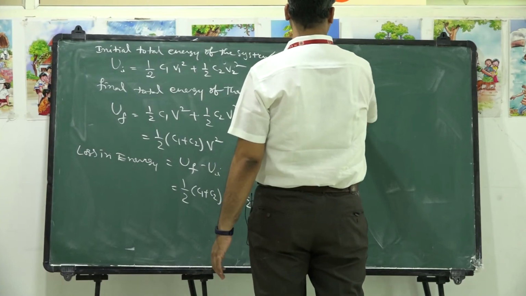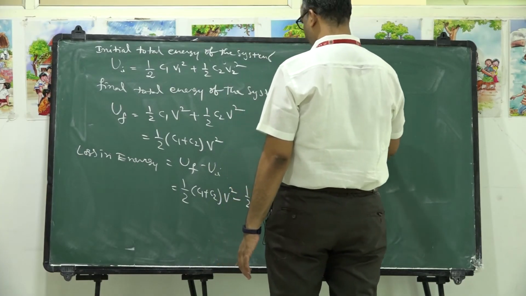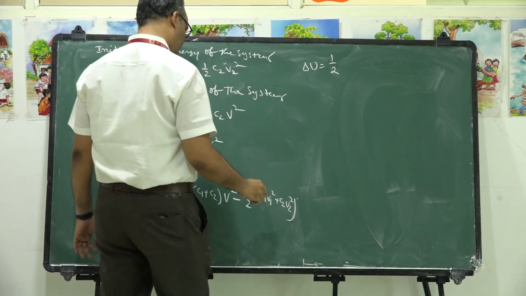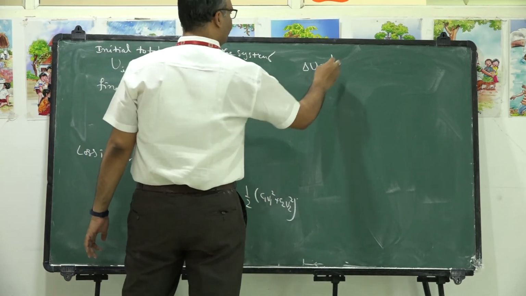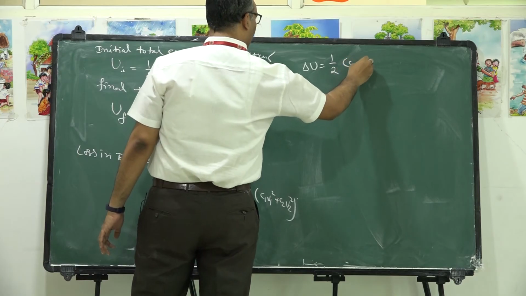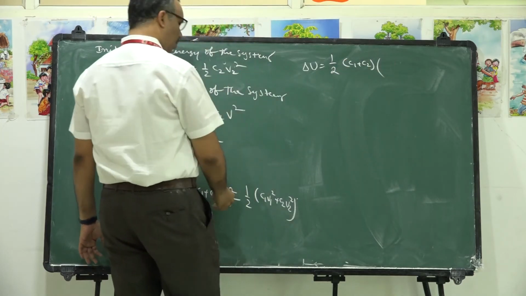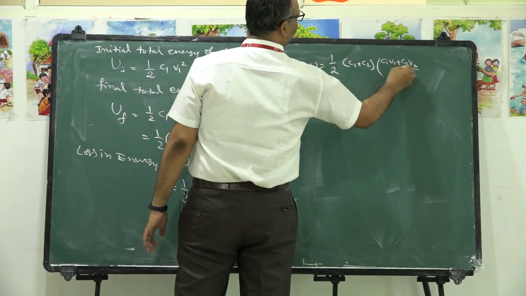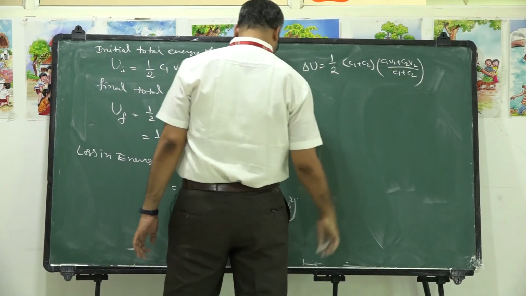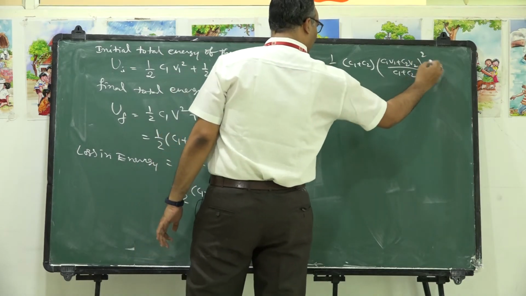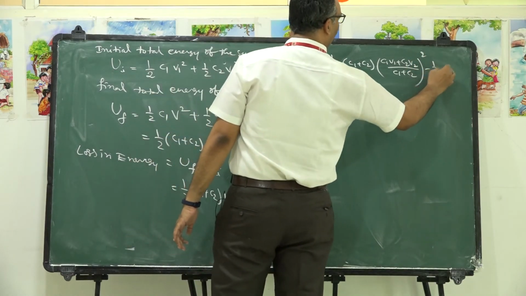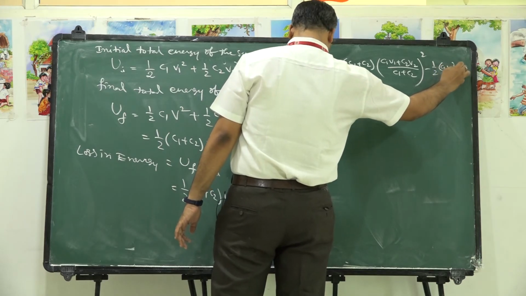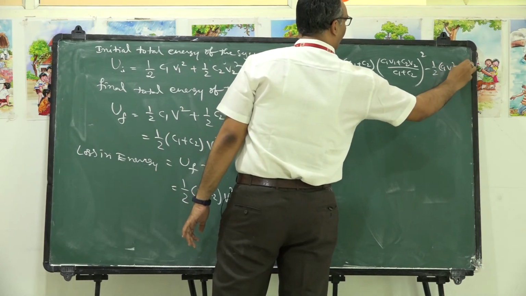So loss in energy delta U is equal to half into C1 plus C2 into the common potential, C1 V1 plus C2 V2 by C1 plus C2, whole square, minus half into C1 V1 square plus C2 V2 square.